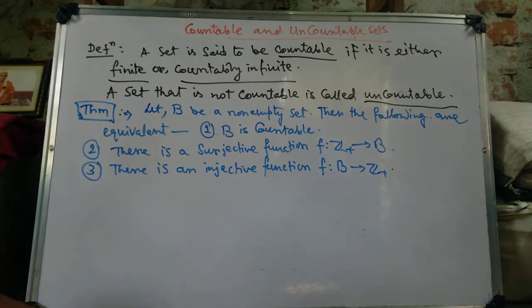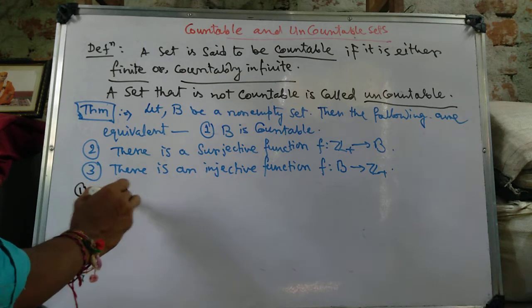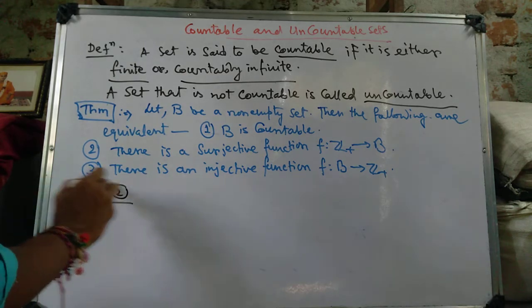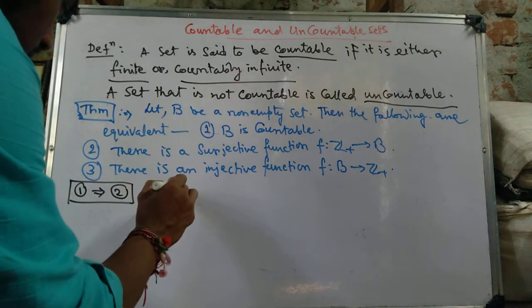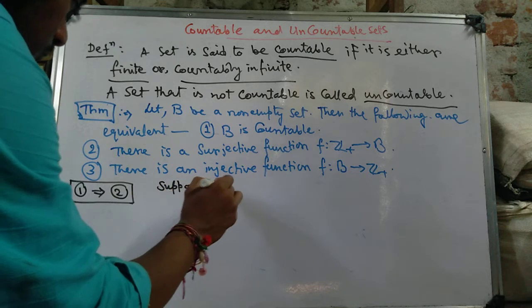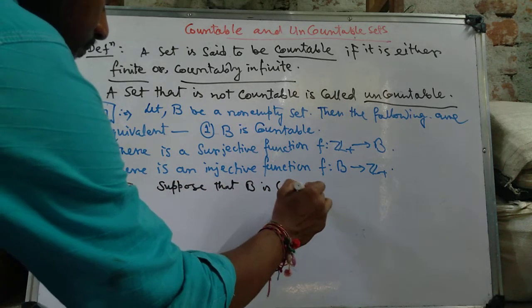Okay, B is countable; that means 1 implies 2. Countable implies there is a surjective function from Z plus to B. Suppose that B is countable.